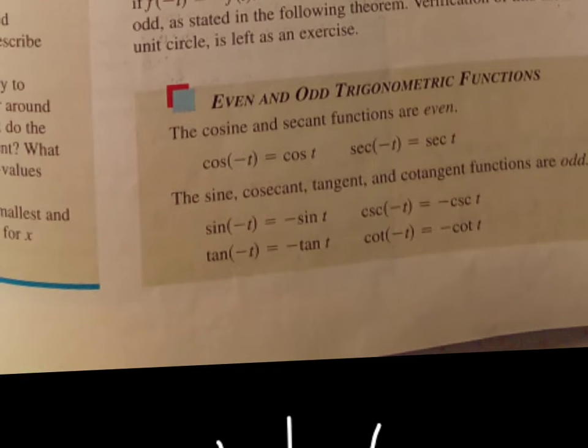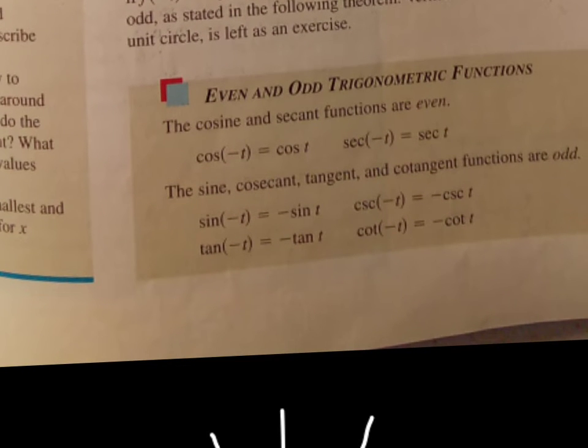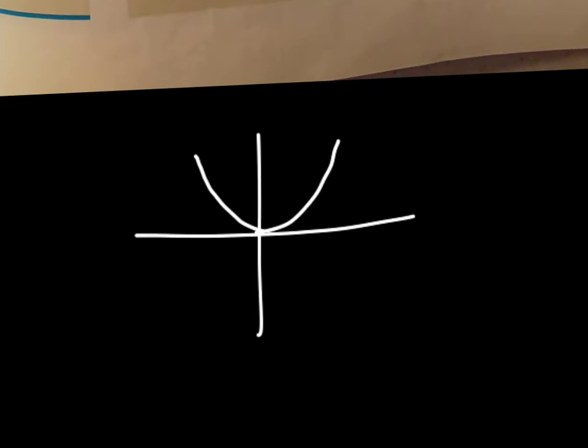Right? Because they're saying cosine is an even one. All right, and then they say, well, if you plug in the negative value, you get the same y value as you put in as the positive value. Okay, so think about that on our x squared. If we plug in 2, we get 4. If we plug in negative 2, we get 4.